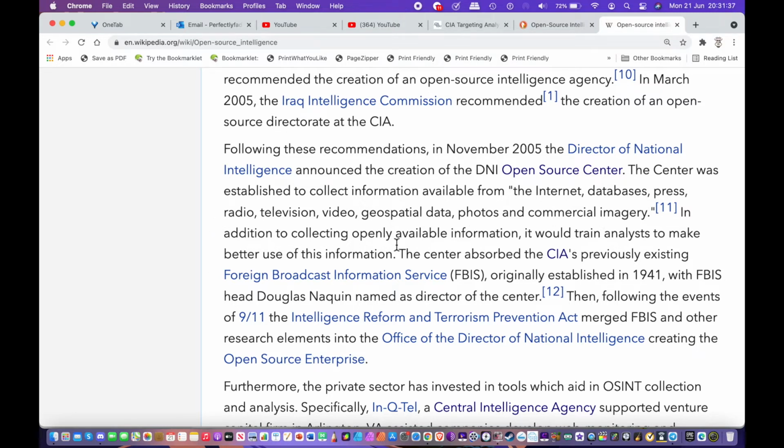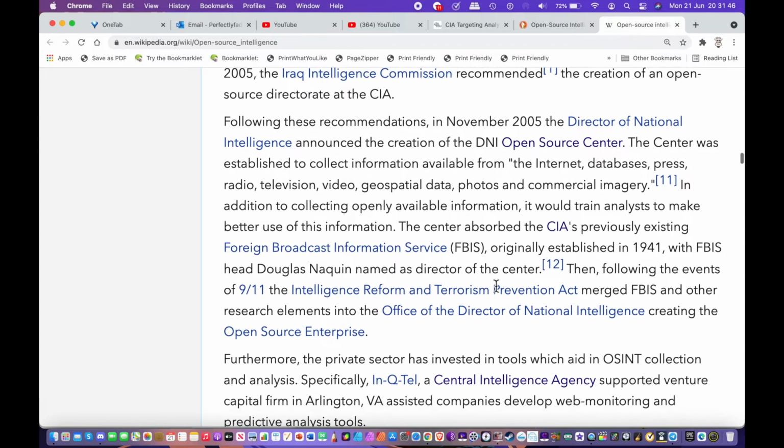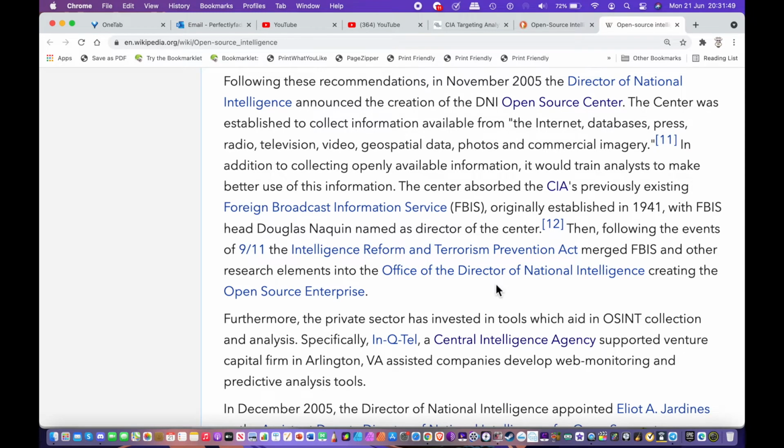In addition to collecting openly available information, it would train analysts to make better use of this information. The Centre absorbed the CIA's previously existing Foreign Broadcast Information Service, originally established in 1941, with FBIS head Douglas Naquin named as the director of the centre.